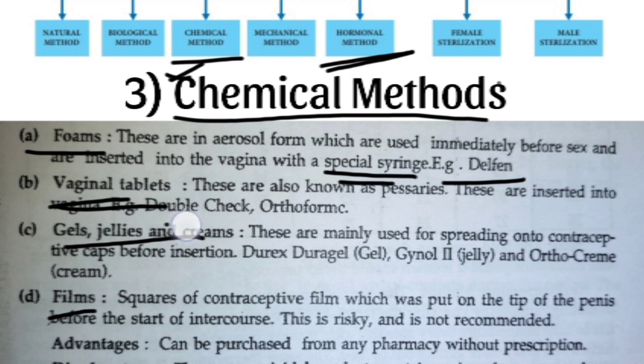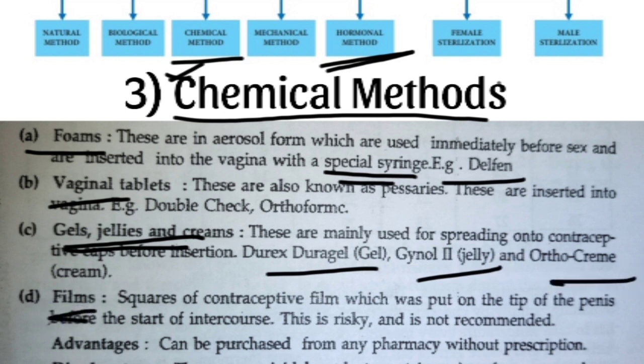We have brands of vaginal tablets like Double Check and Orthoform. Then we have gels, jellies and creams. These are applied on the superficial layer around the vagina, and we have examples for jelly, gel and cream. Next we have films.